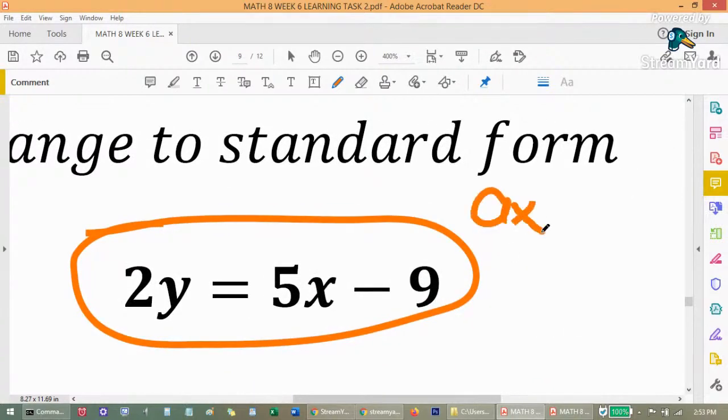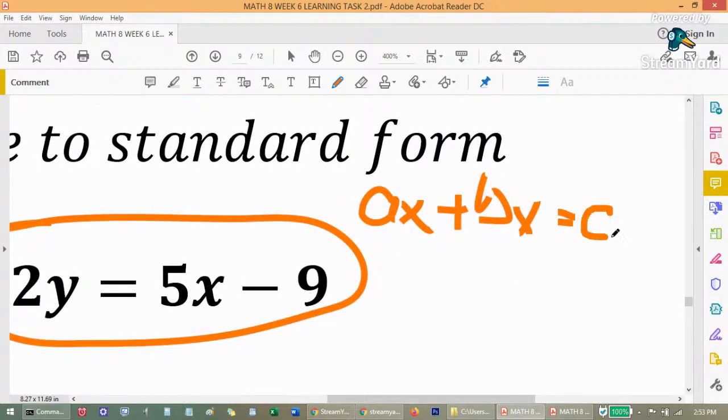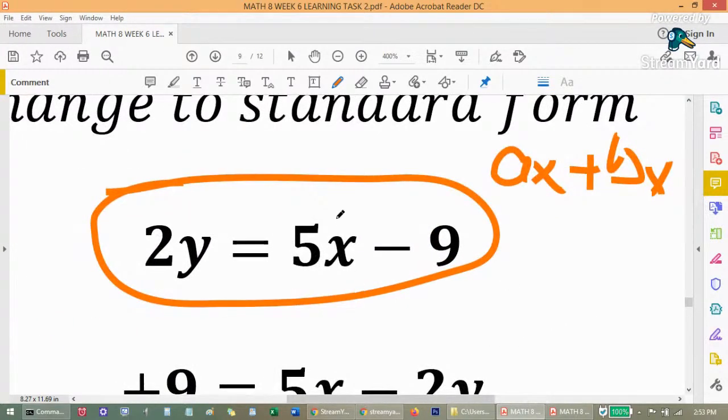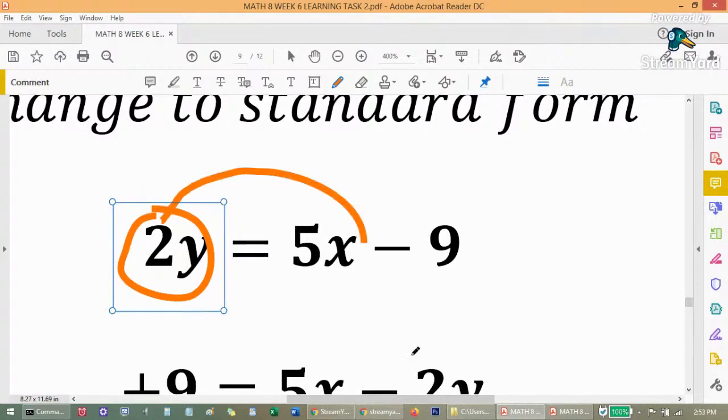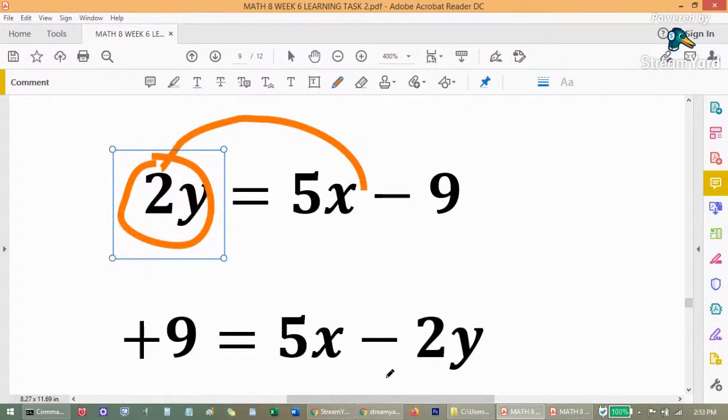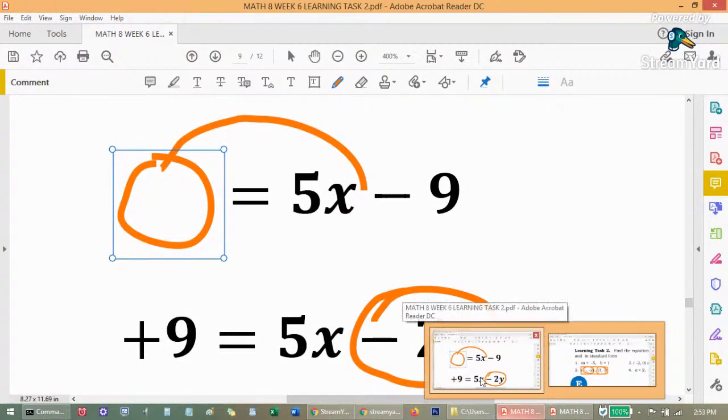Gagawin natin ax plus by is equals to c. So, yung x term natin is positive. So, pagka positive ang x term, mas mabuti siguro yung y ang ilipat natin sa kabila. Okay, so yung y, positive. Pag tinranspose natin sa kabila, magiging negative 2y.